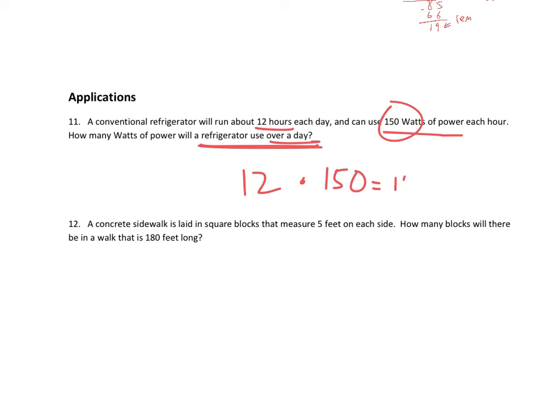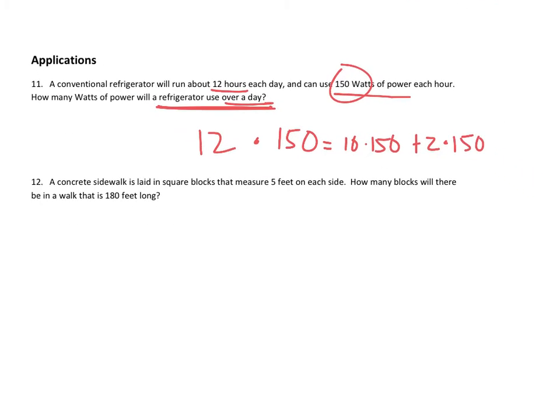And we might break that up into 10 times 150 plus 2 times 150. I'm using the distribution there. I broke 12 up into 10 and 2. That's one way to go. When you multiply by 10, you just put a 0 on the end of it. And this is 300. So that's 1,800. That's one way to do it, one way to multiply.